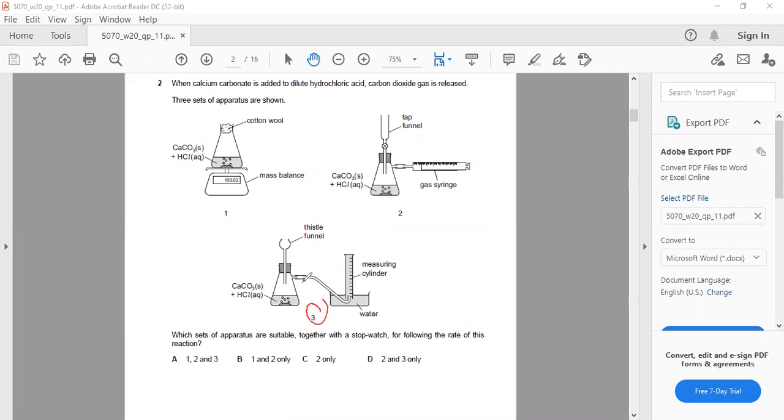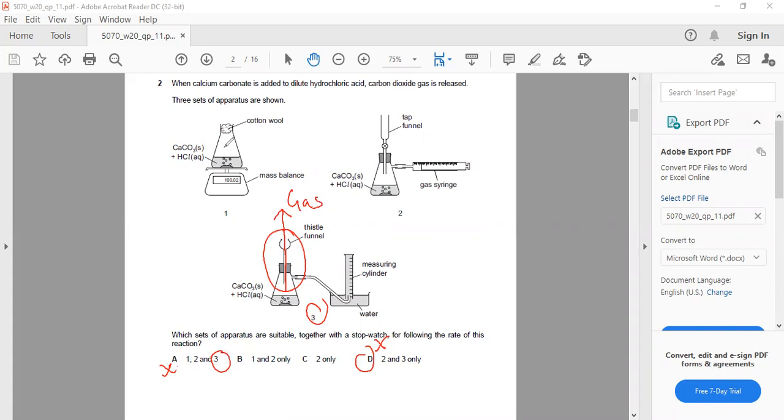The third one. The reason is you see this is open. The gas will be given out from here. So this is not suitable. So all options which have three are wrong.